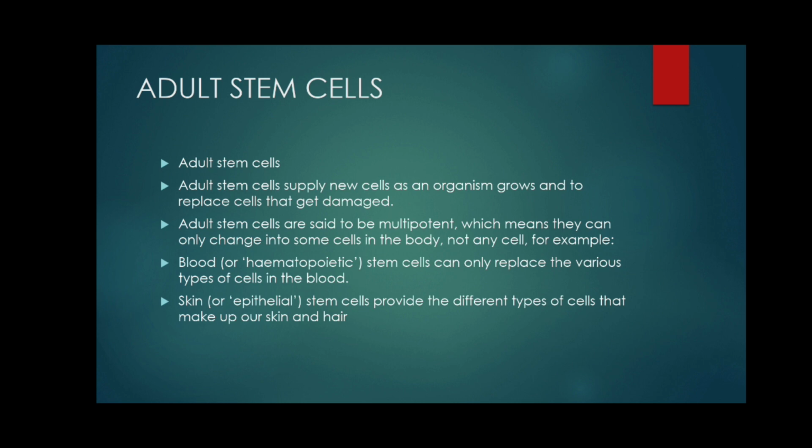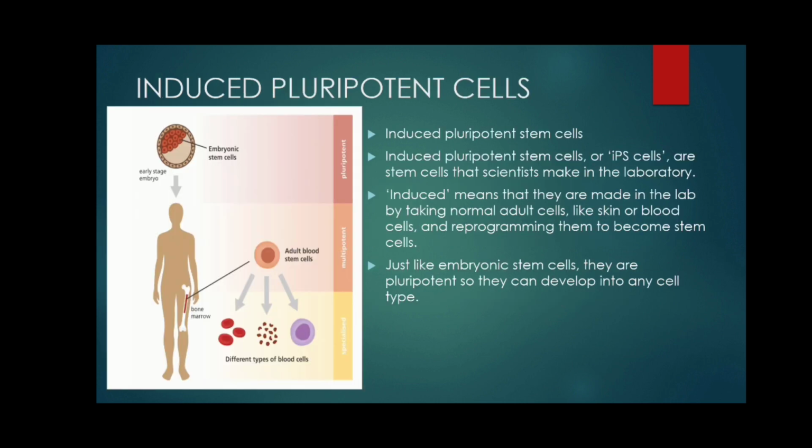For example, blood stem cells replace the blood cells, and skin stem cells help in the replacement of the skin and hair, because skin and hair both are attached to each other. So adult stem cells can help in regeneration: blood stem cells will regenerate blood cells, and skin stem cells will regenerate the skin and hair.